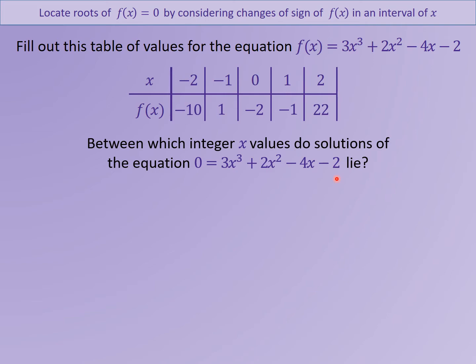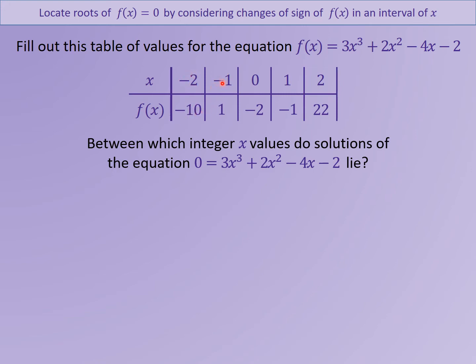Right, now you'll be correct in thinking that the solutions to that equation will be somewhere between, let's say, -2 and -1. There is definitely a solution between those two. You should be thinking, why is there definitely a solution between those two? The reason is when you subbed in -2, you got -10.